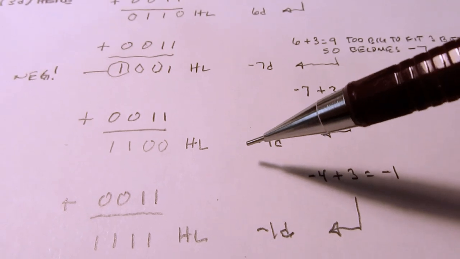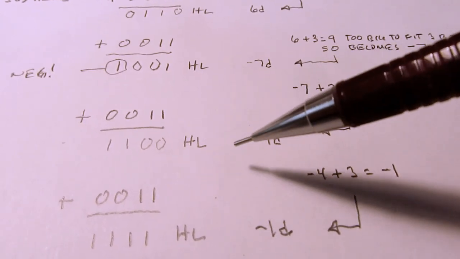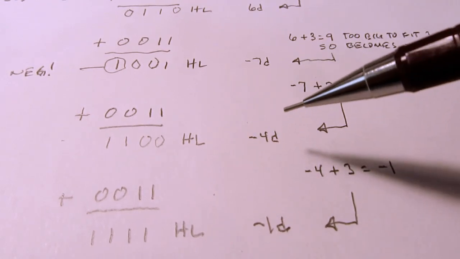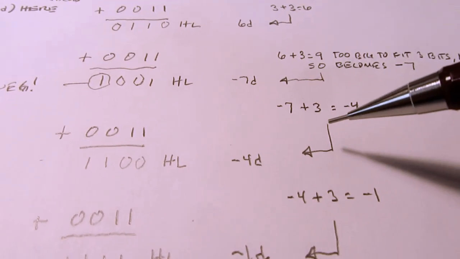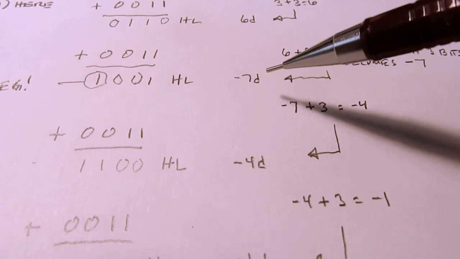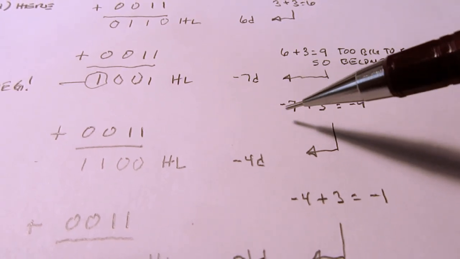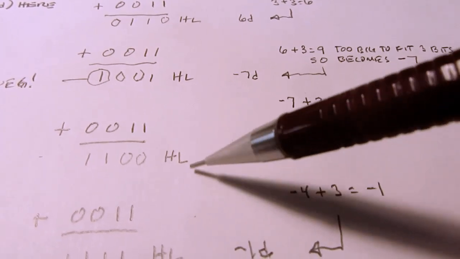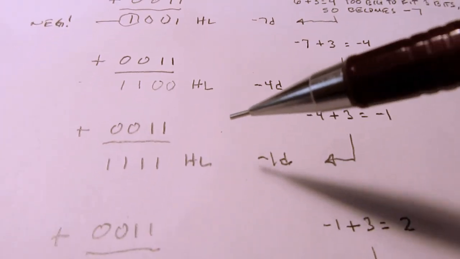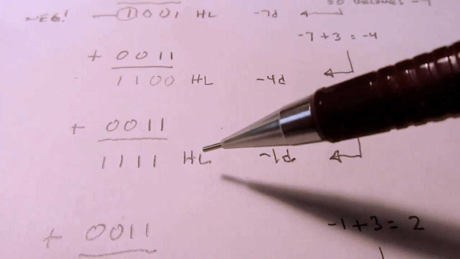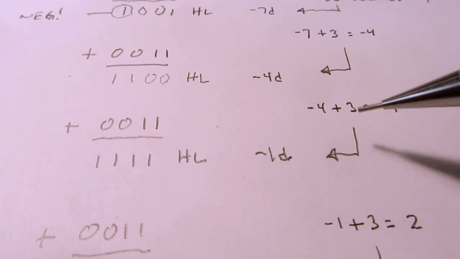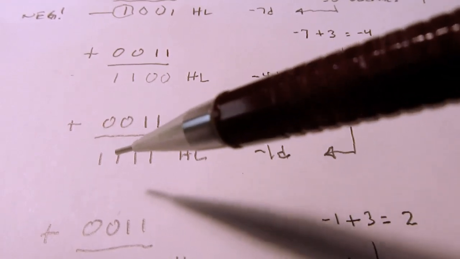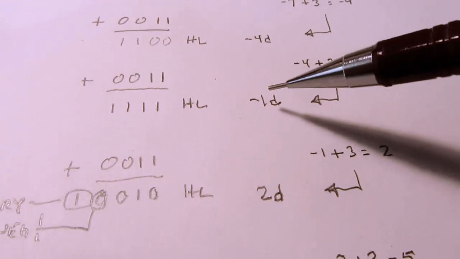And if I convert that from 2's complement binary to decimal, it's a -4. If we look at it in terms of decimal math, you've got a -7 from before. You're adding a +3 to it, which gives you a -4. So that adds up. Adding 3 again, you get this pattern. You do the math. -4 plus 3 is equal to -1, and sure enough, that's what this turns out to be.